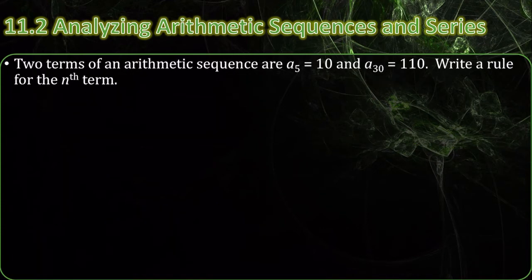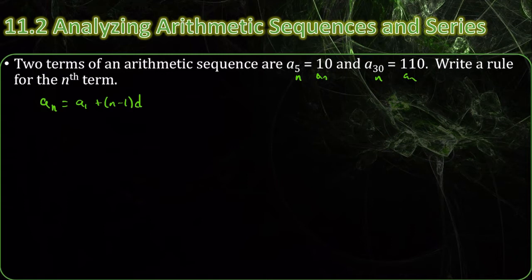Here's another type. Two terms of an arithmetic sequence are a5 is 10 and a30 is 110. Write a rule for the nth term. I don't know a1 and I don't know d. What I do know is that when n is 5, an is 10. When n is 30, an is 110. So my function is an equals a1 plus n minus 1 times d.